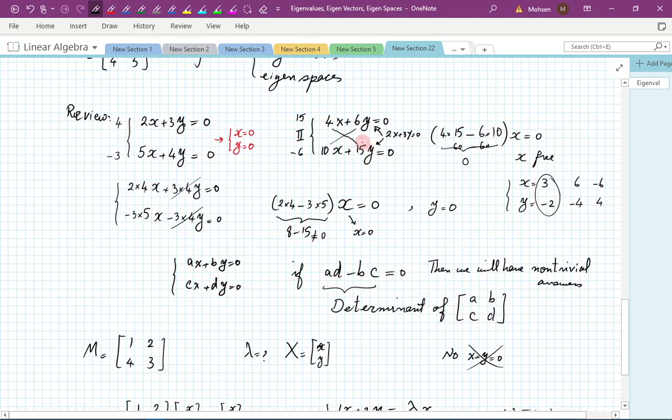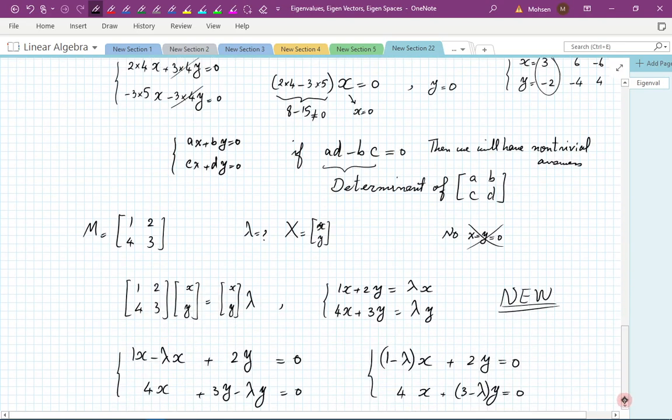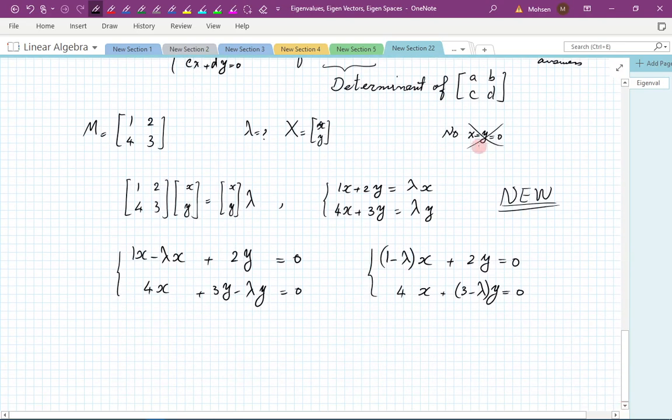That's only possible if your system looks like this, with these things proportional. If you pick your lambda randomly, you end up with this kind of situation and you end up with zeros. So that's a random situation. This is a special situation. We can afford non-trivial answers. So you want something other than this trivial answer, you need the determinant of 1 minus lambda, 2, 4, 3 minus lambda to be 0.